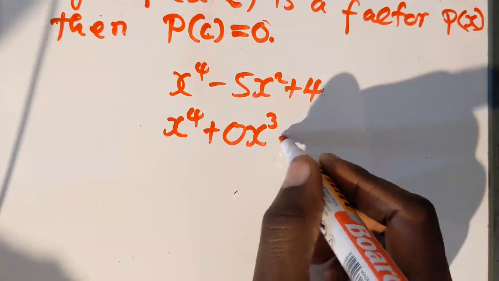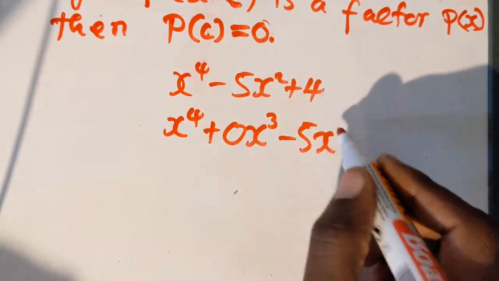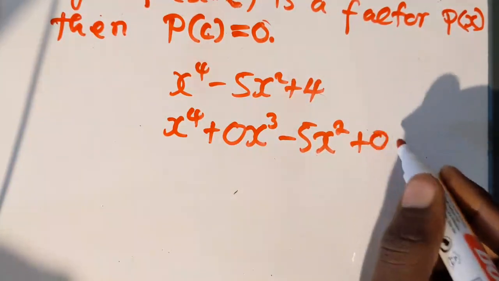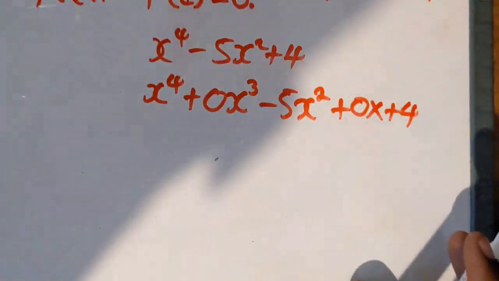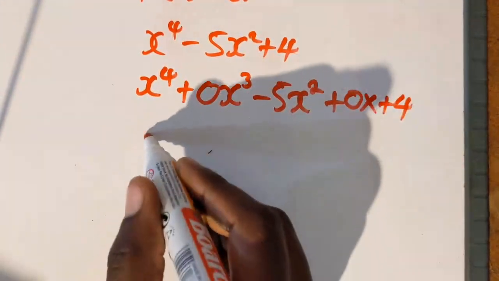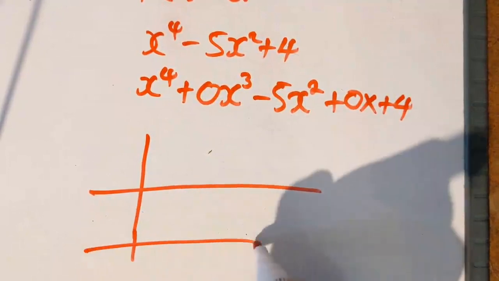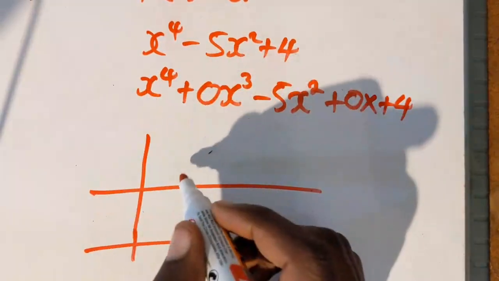Then minus, this follows 5x power 2 plus 0x plus 4, right? Okay, so if we use synthetic division, this is what we are going to have. We are going to have x.